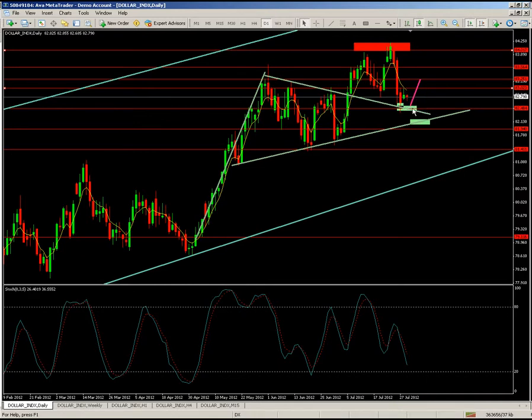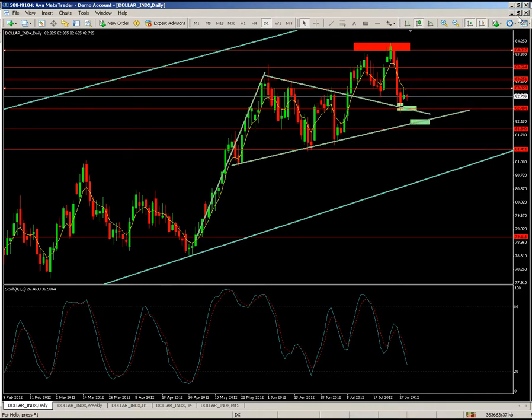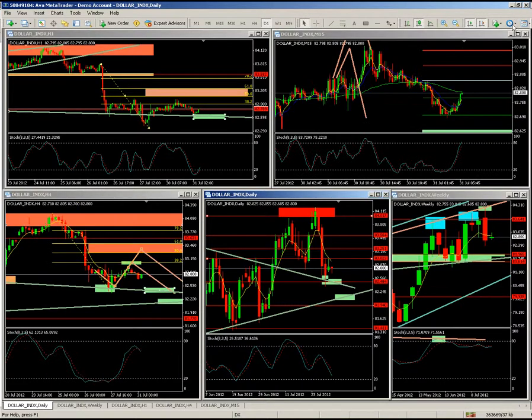The move up will be contested more because traders would be looking to push it down to either double bottom or make a lower low. So if it does happen here, then we might be stuck with a ranging day, but let's just take it as it comes. So that's pretty much it on the daily chart and what I'm expecting in the next couple of days.